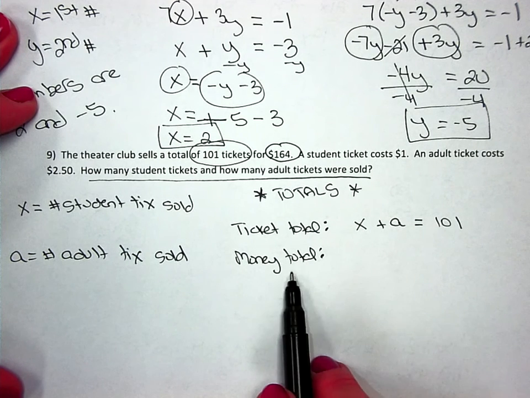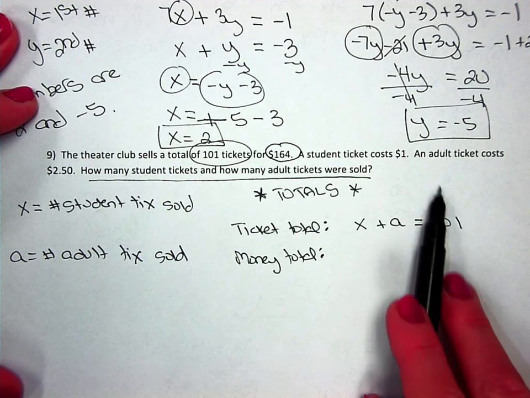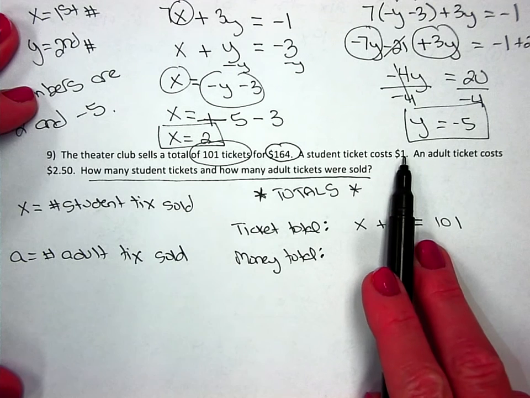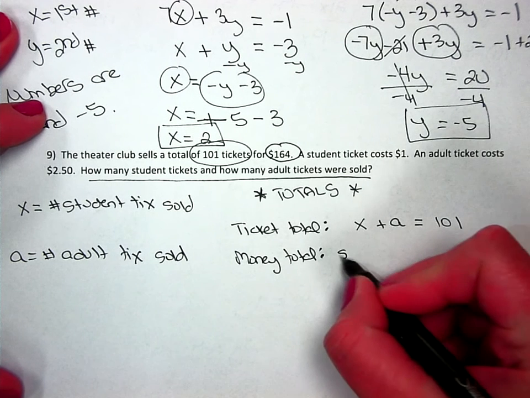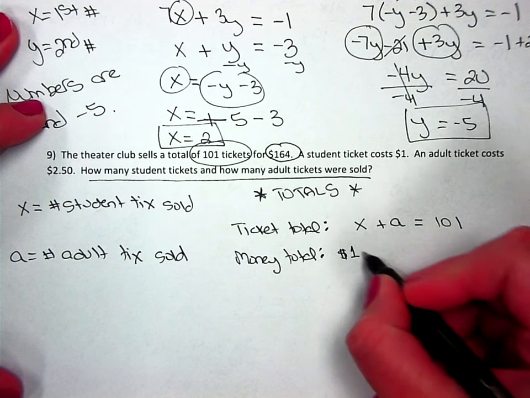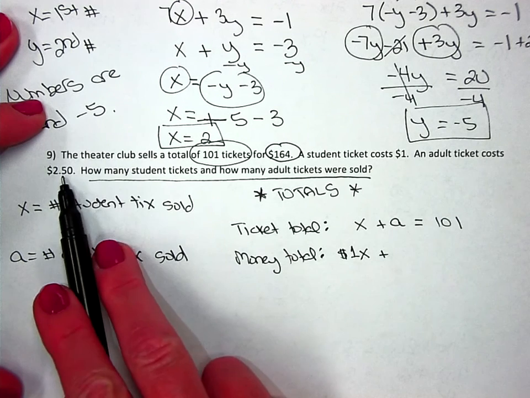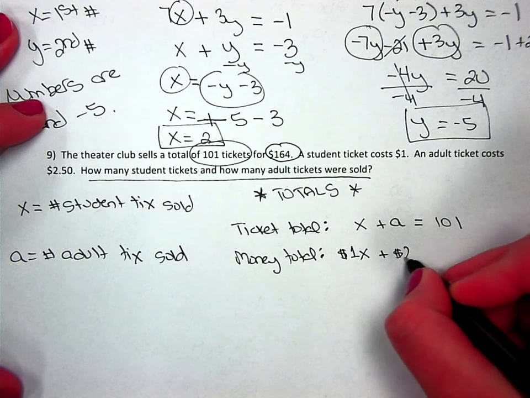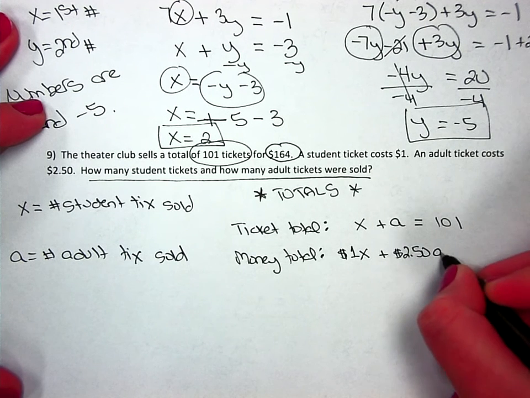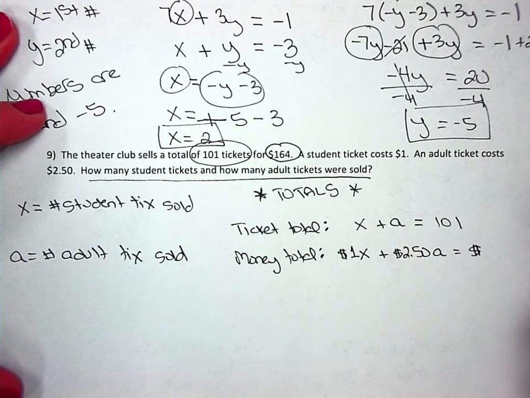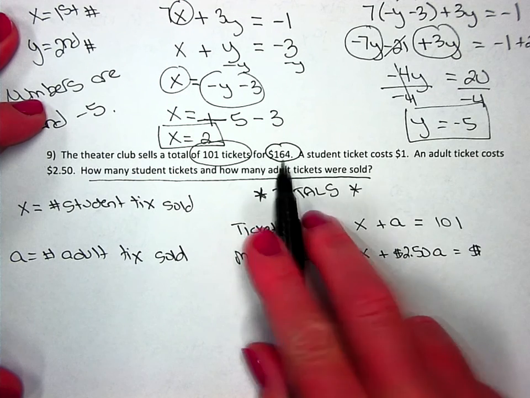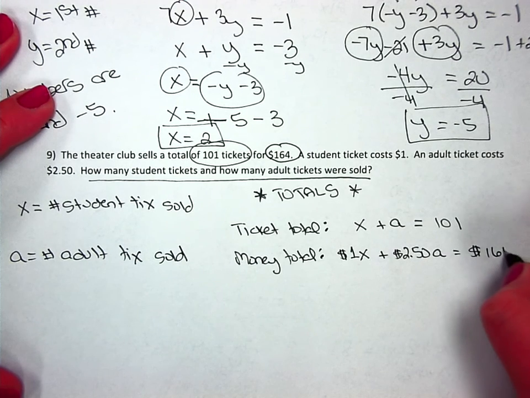The money is going to be your coefficient. So the student ticket costs $1. So I have $1 times so many student tickets plus, let's see, the adults are $2.50, plus $2.50 times so many adult tickets equals, I made a total of $164.